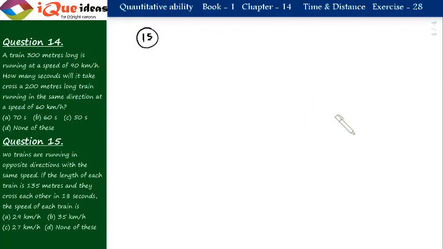Now question number 15. Question number 15 says two trains are running in opposite direction with the same speed. If the length of each train is 135 meters and they cross each other in 18 seconds, find the speed of each train. So time taken would be equal to L1 plus L2 divided by speeds, S1 plus S2, right? Now here in this case, time is given as 18, length is given as 135 for both the trains.